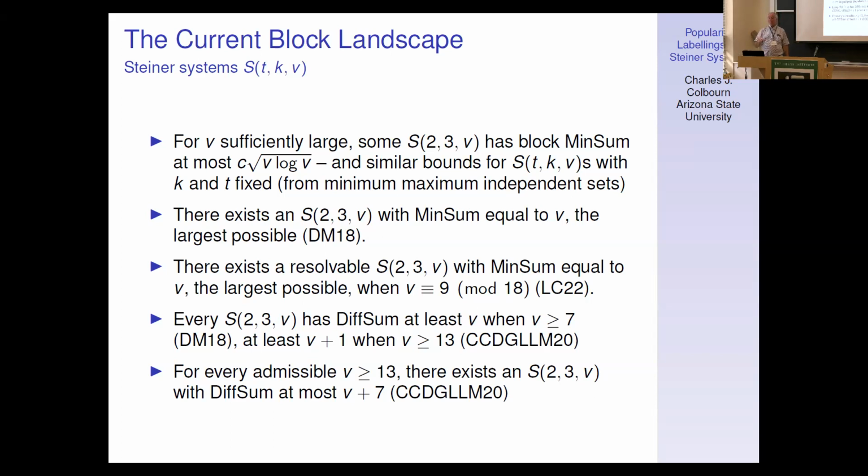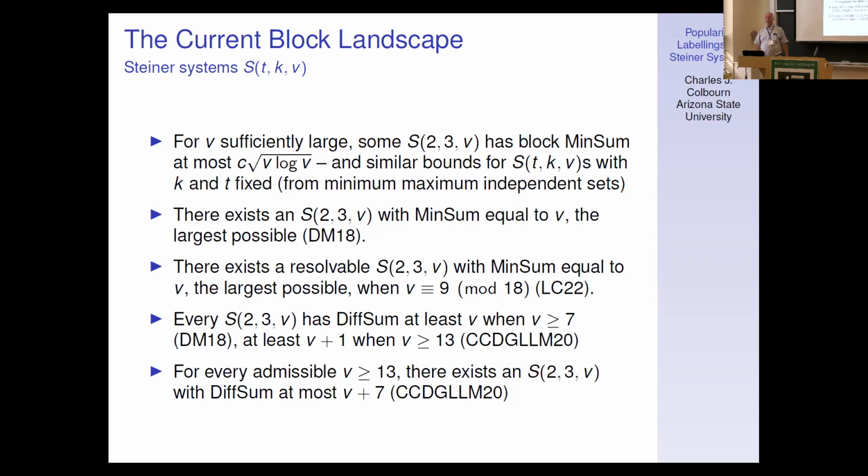So in fact, if you take, say, even Steiner triple systems, and you look at what kind of bound you might get on the block min sum for the worst possible system, because Steiner triple systems exist that have maximum independent sets of size no larger than root v log v, that's also a bound on the best min sum you might get. Use reversal to get the best max sum, and you can see that the best diff sum is actually very large. It's very close to the worst that could happen to you.